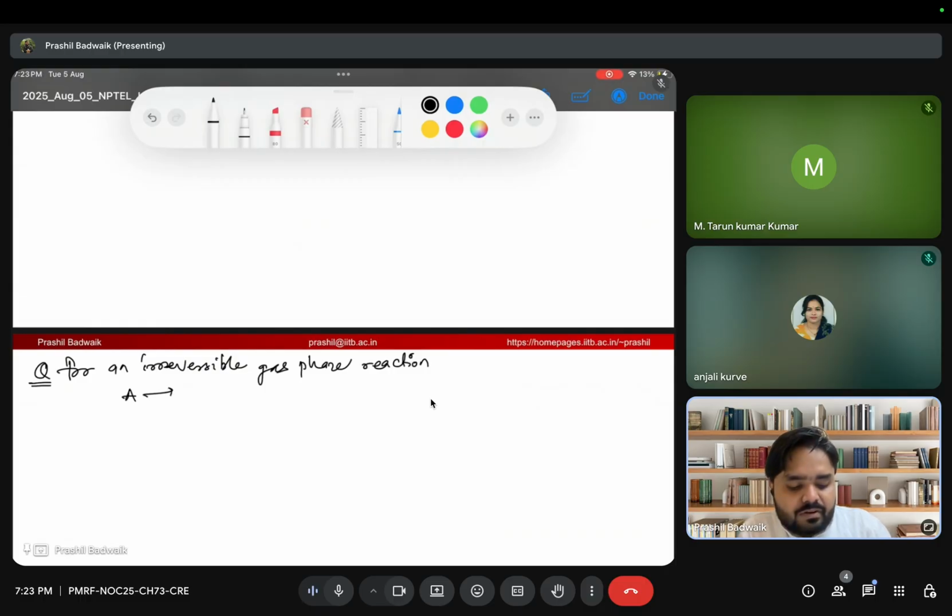The equation is given as A giving 5B. So this reaction is a decomposition reaction, which is irreversible.